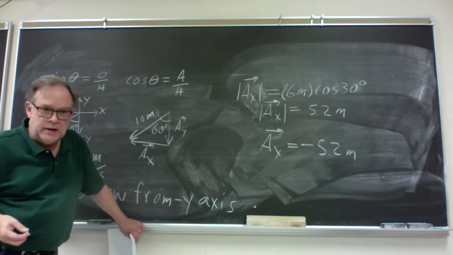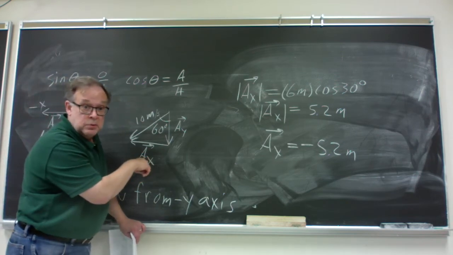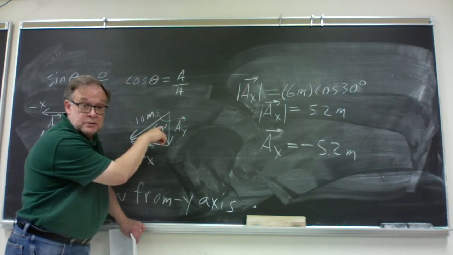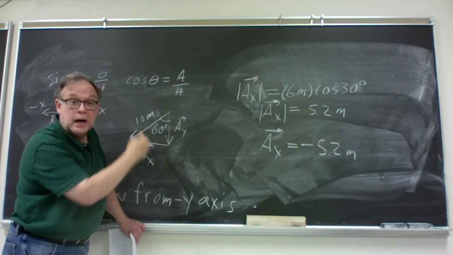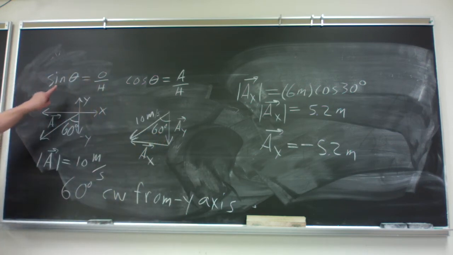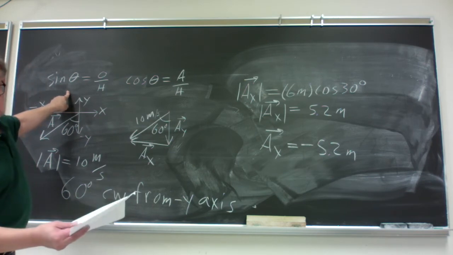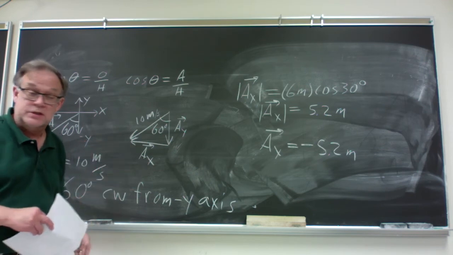In this case, to find the x component, we first have to stop and notice that the x component is a side opposite to the 60-degree angle. So since it's a side opposite, use sine, not cosine, just doing it the other way around from the previous example.